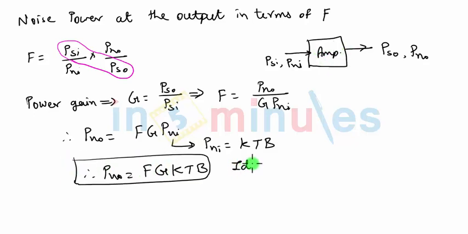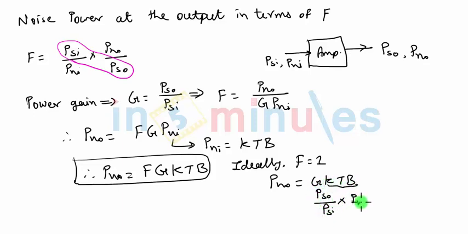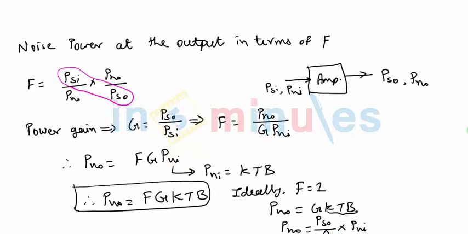Ideally, we had seen that noise factor should be equal to 1, and therefore PNO should be equal to GKTB, which makes a lot of sense because G is nothing but PSO upon PSI, and KTB is nothing but input noise power PNI. So PNO has to be equal to PSO upon PSI into PNI, something that we have already considered before.